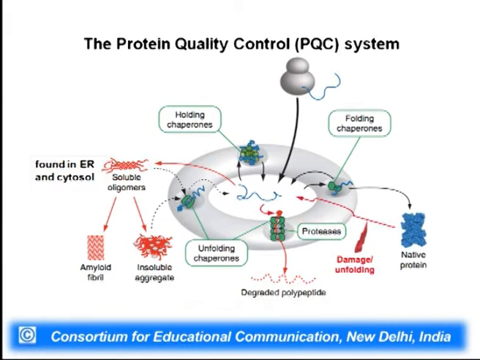Another machinery which is simultaneously working is, even though there may be misfolding and aggregation occurring within the cell, in an aged cell, a cell where there has been a lot of stress, environmental stress, oxidative stress, a lot of reactive oxygen species present, that kind of cell will have a tendency to have more and more aggregates of proteins. So, what happens to those aggregates of proteins? They are taken care of by the protein quality control system or the protein homeostasis.